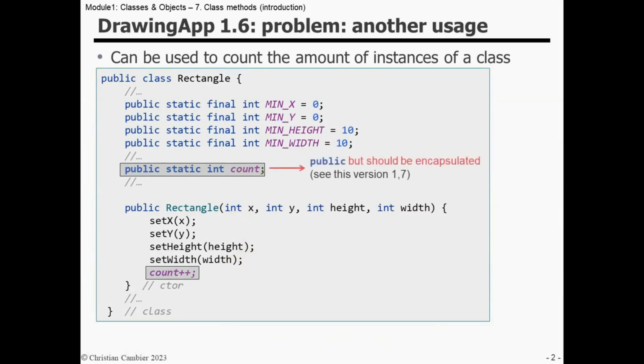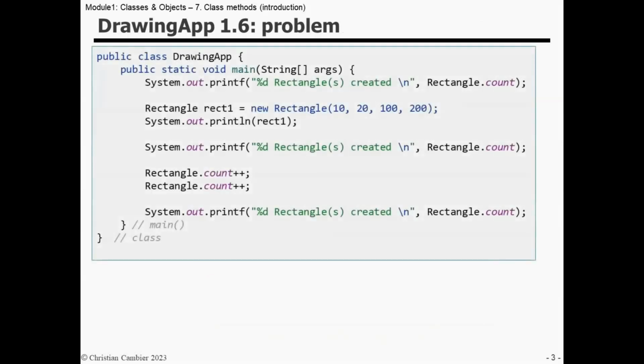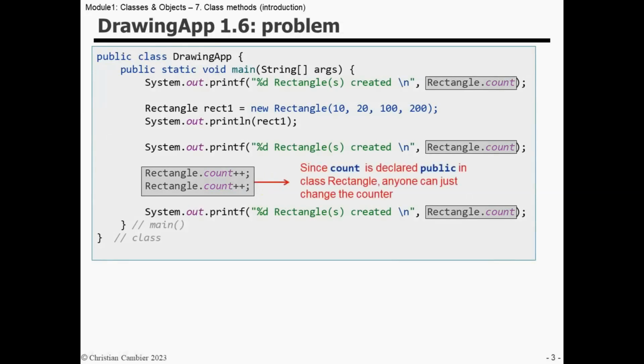But in the demo I made it public, and by doing so I opened the door to the following problem. Namely that since it is public, any client can read the value, which is good, but can as well change its value, resulting in improper use of that variable and hence create unreliable outputs.